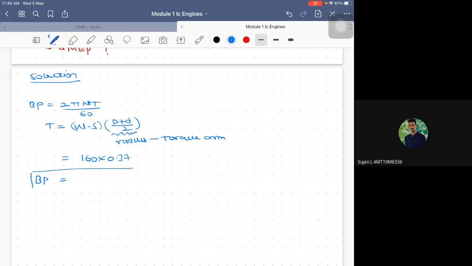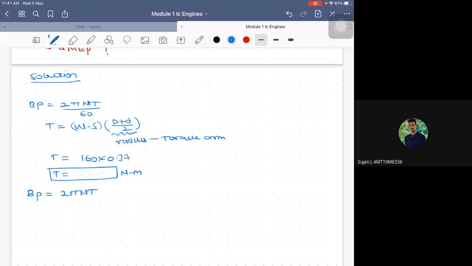Not brake power. First we will get the torque, isn't it? What is the torque? In newton meters. Once you have got the torque, you will calculate the brake power, 2 pi NT by 60.